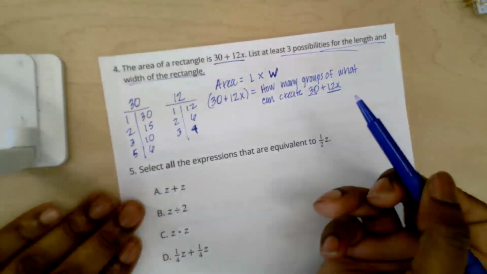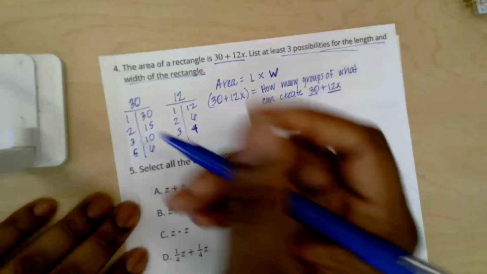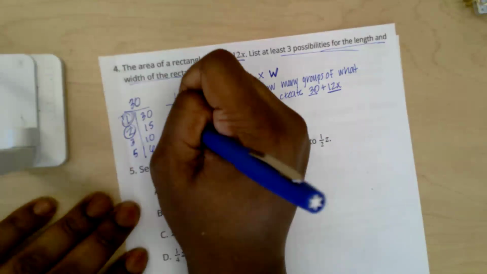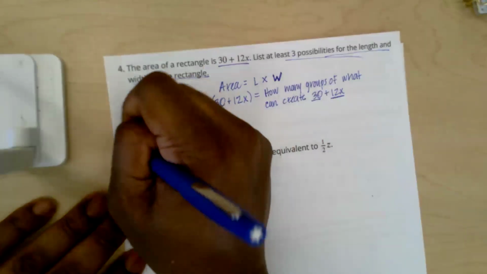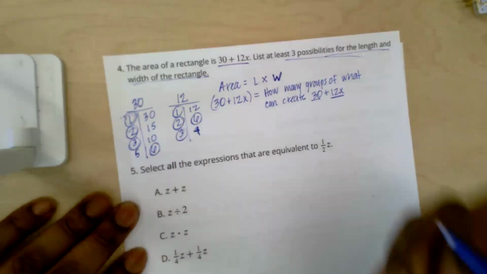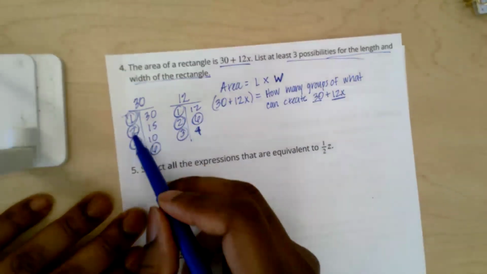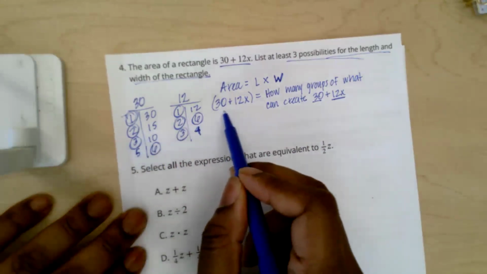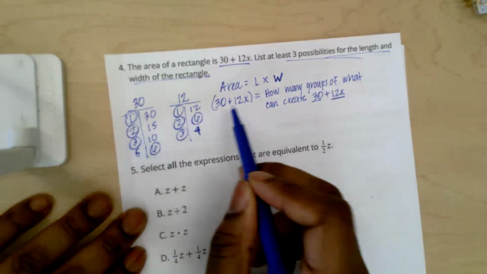What are some shared factors? Well, 1 is shared, 2 is shared, 3 is shared, 6 is shared. Using the factors, you can use factorization to create this.